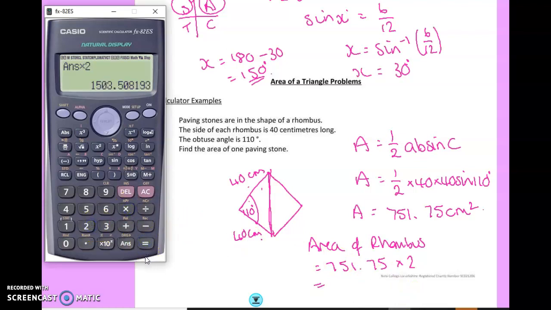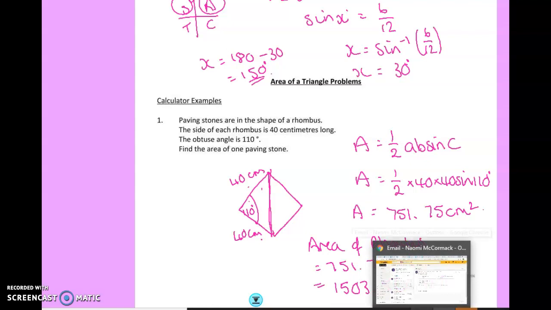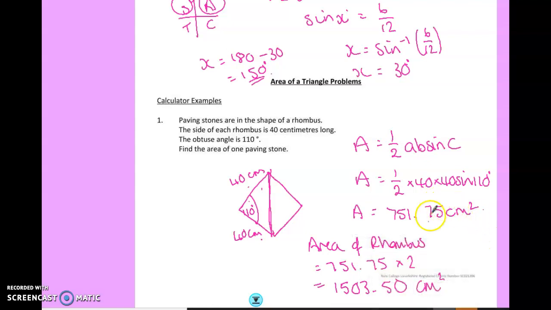So it is 1503.5. It will actually be 1503.50 using that answer, centimetres squared. That one's just because I used my unrounded answer when I typed it in straight from the calculator there. Okay, let's try some non-calculator examples then.